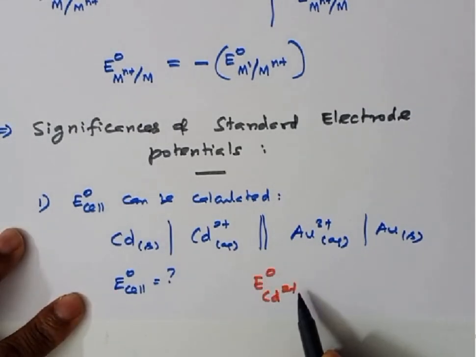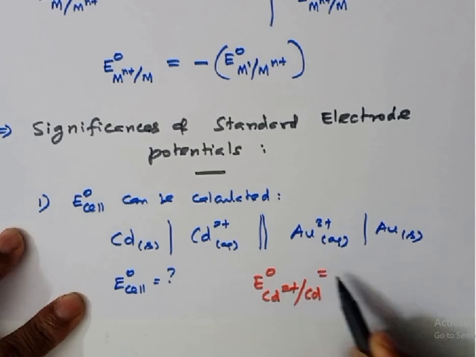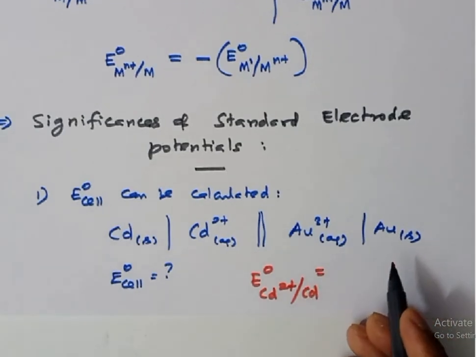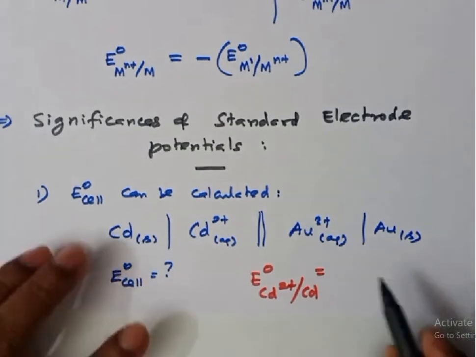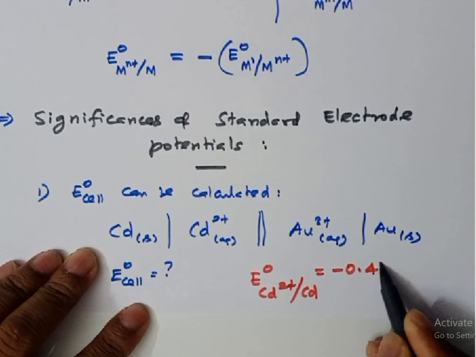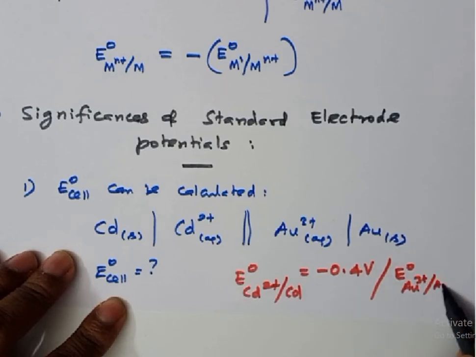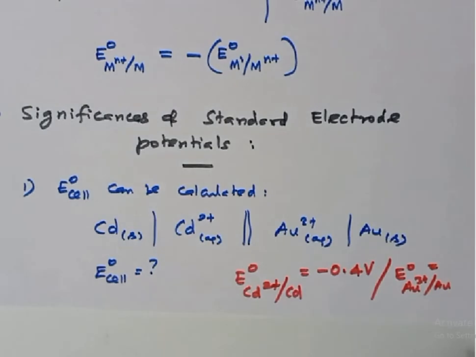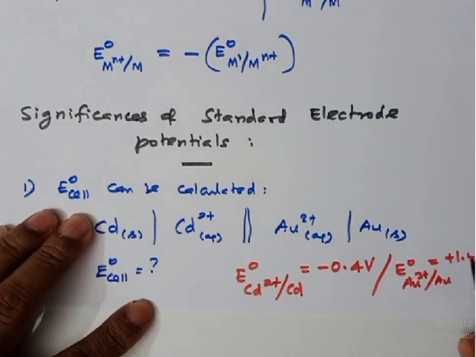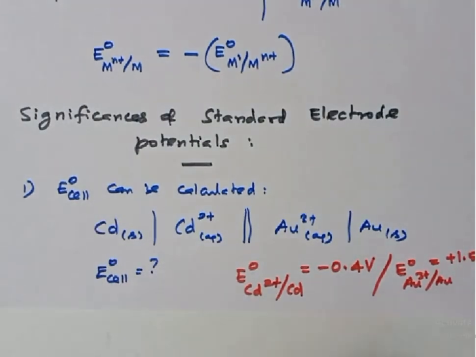For cadmium 2+ becoming cadmium, the reduction potential value is -0.4 volt. And for Au3+ becoming Au, the standard reduction potential is +1.50 volt.